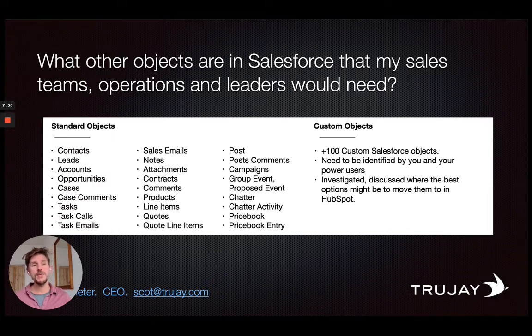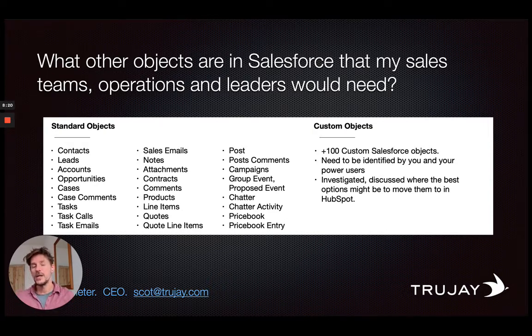However, if you have built a custom object inside of Salesforce specific to your process, like maybe you have partners or you have affiliates, or maybe you have some type of event registration and it has relationships to contacts or accounts or opportunities, that's something that's been built, and that might be data that you do want to bring over to HubSpot.